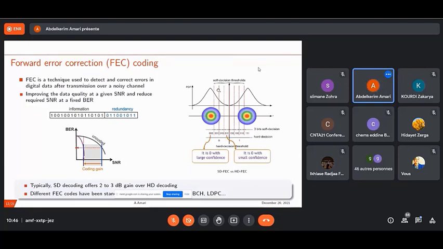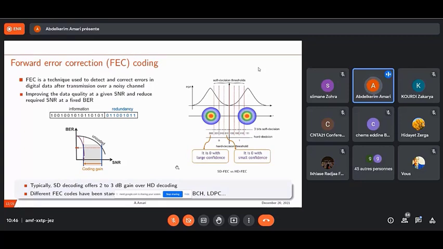And then we have multiple soft decision thresholds. On this side here, it's 0 with large confidence because we are in the middle of the probability density function, while in this area it's still 0 because we are on this side with respect to the hard decision threshold, but with small confidence.